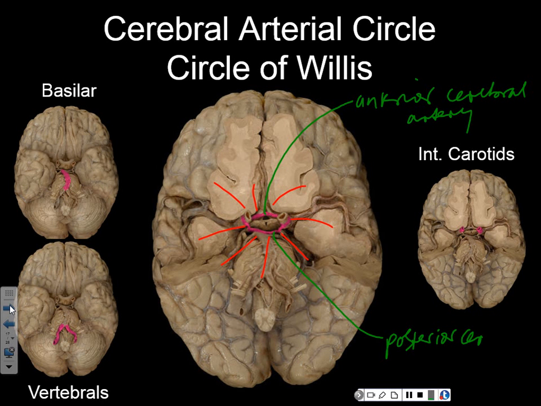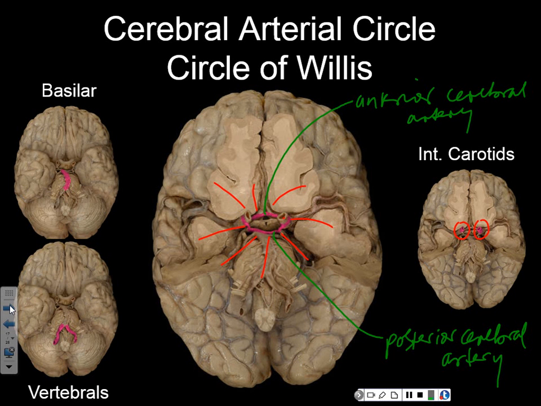And those two join the internal carotids, which are these, those are here. The internal carotids are bringing blood from the aorta, going up, and then those form a circle like that. The posterior and anterior cerebral arteries join, and then capillaries will spiral throughout under the brain to supply the head. That's what's called the cerebral arterial circle.